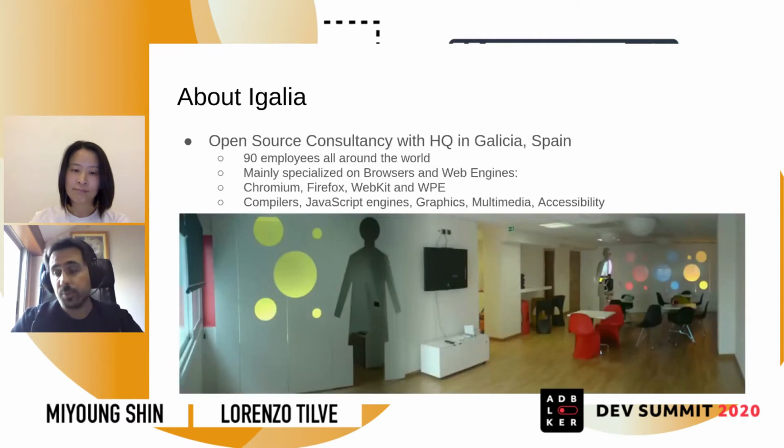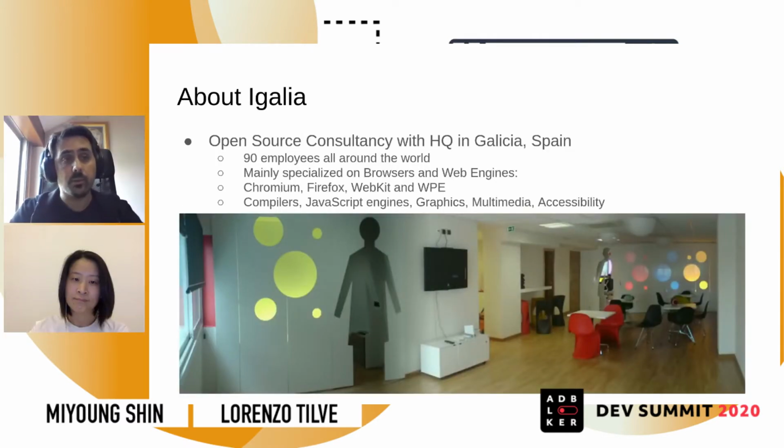So in the first place, about us, we are Igalia. We are an open source consultancy, and our headquarters is in Galicia in Spain. We are currently 90 employees, and we are distributed all over the world. Our main area of expertise is basically browsers and web engines. We have been working for many years on Chromium and WebKit and Firefox and WPE.